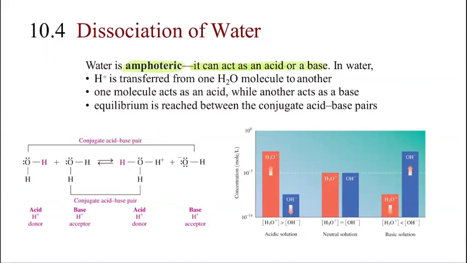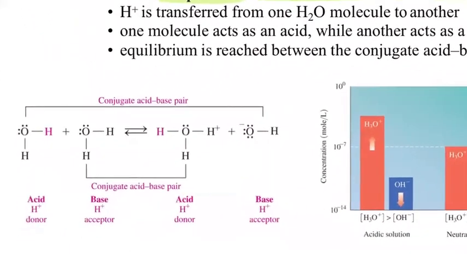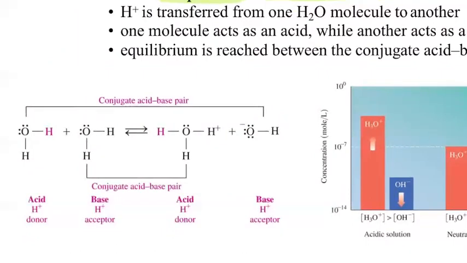As I told you guys, water is a molecule that is very special. Its properties, compared to other molecules composed of things that have about the same atomic mass, behave very differently. So if you have water molecules sitting in a container, and understand that these reactions are super fast, water, since it can act as an acid and as a base, as you can see in the bottom left side of the slide, when it's acting as an acid, it's going to donate a proton to another water molecule.